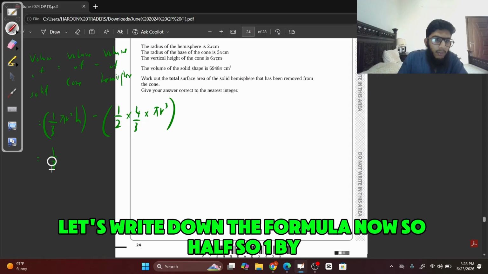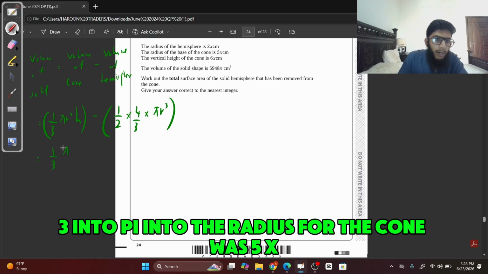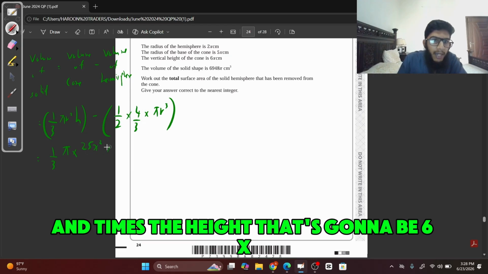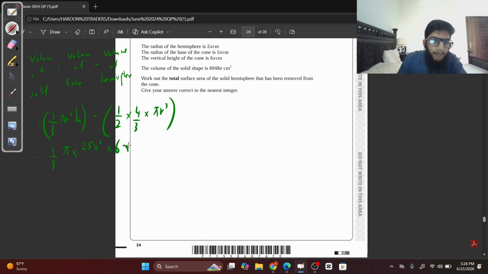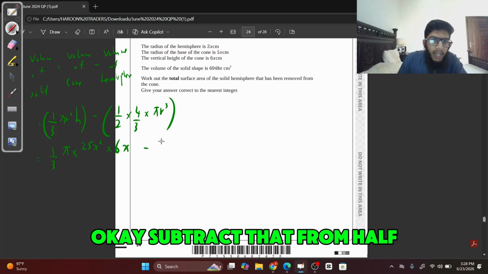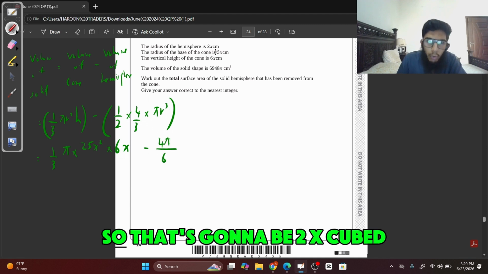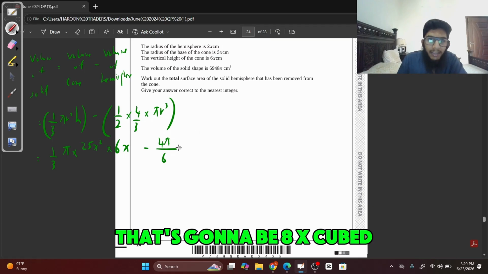So 1 by 3 into pi into the radius for the cone was 5x, so that's going to make it 25x squared, and times the height, that's going to be 6x. Okay, subtract that from 4 by 6 into pi into r cubed, so that's going to be 2x cubed. That's going to be 8x cubed.